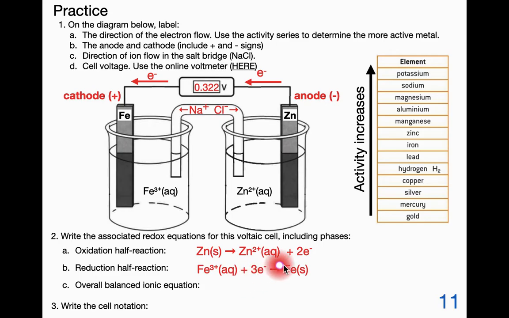But remember, we need to have the same number of electrons. So I need to multiply the oxidation half by 3 and the reduction half by 2. When I do that, the electrons will cancel out, and I'll have the overall balanced ionic equation. 3 zincs plus 2 iron 3 ions give us 3 zinc ions and 2 irons.